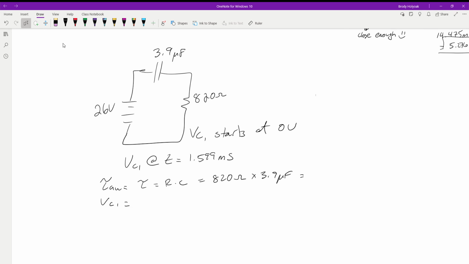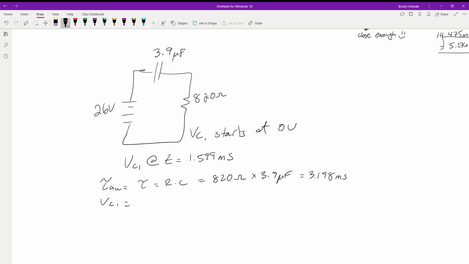Oh, no, because, yeah, milliseconds because we had microfarads. Yeah, there we go, 3.18 milliseconds. So that means 3.198 milliseconds.